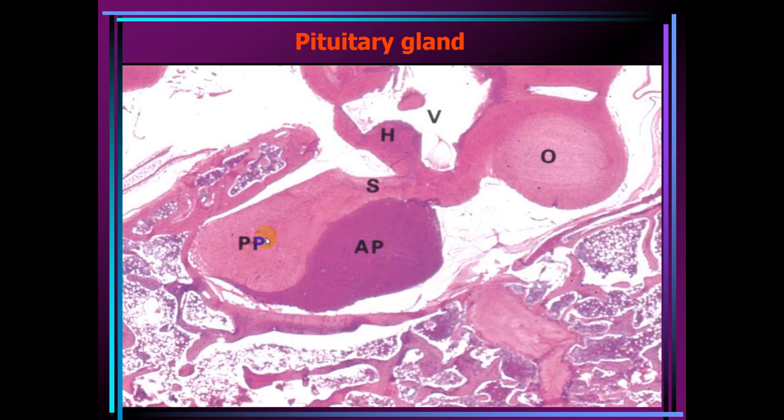Neurohypophysis is pale staining. It is a derivative of the nerve tissue. Of course, it has no connective tissue capsule. And you see the very thin pars intermedia. It is the hypophysis of a man. You can't see the cleft between the pars intermedia and pars distalis. Around it is the section of the skull.